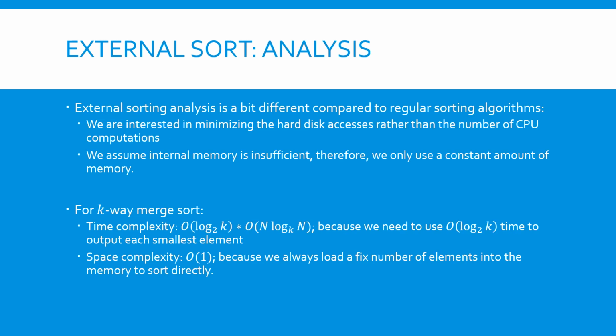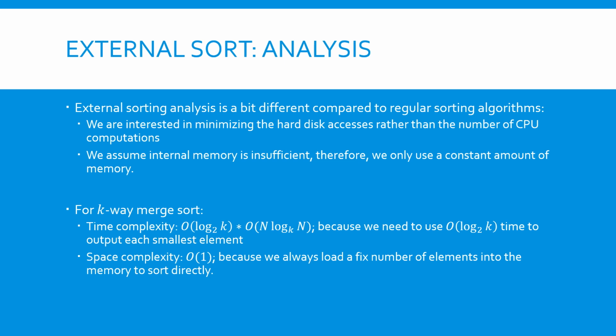Finally, let's analyze the external sort algorithm we have so far. We will skip the correctness analysis since it is a trivial extension of the merge sort algorithm. For time complexity, we know that the naive two-way merge algorithm takes O(n log n) time. For k-way merge, we need to spend O(log base 2 k) time to output each element.